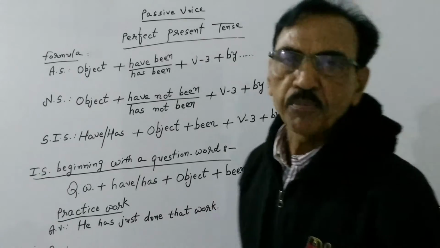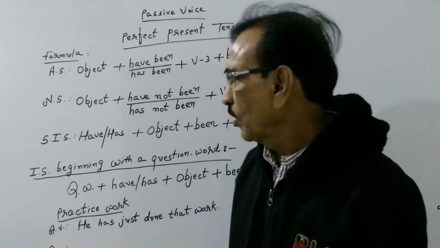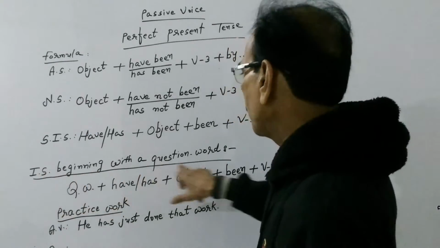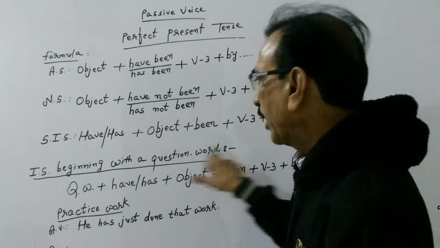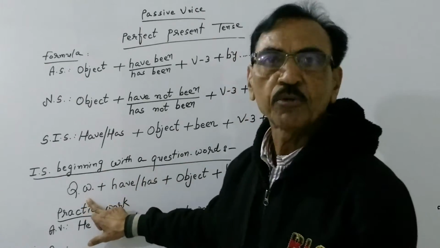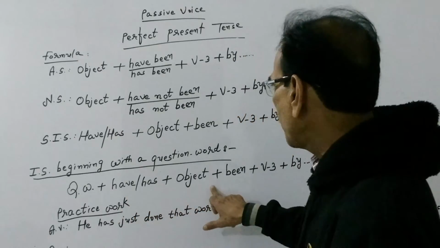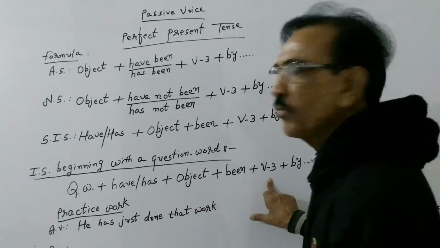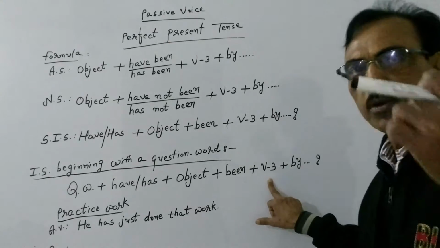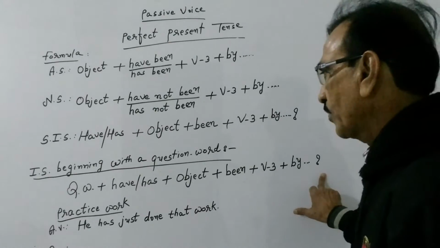Now, if the sentence is an interrogative sentence beginning with a question word, friends, I have to write the question word in the beginning of the sentence plus have, has plus object plus been plus V3, or we can say past participle of the verb, plus by plus question mark.